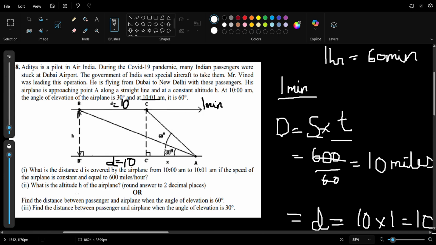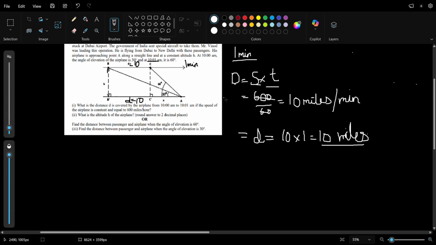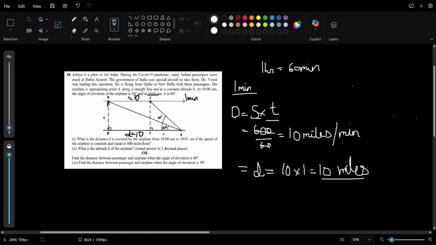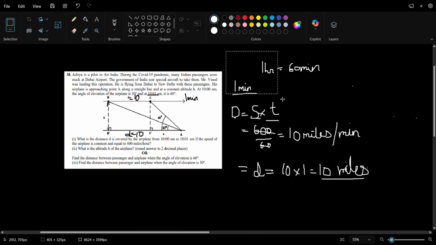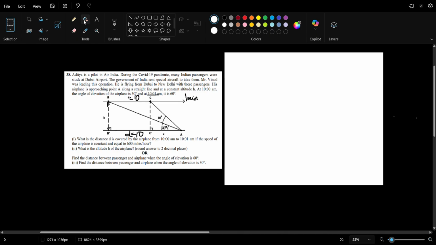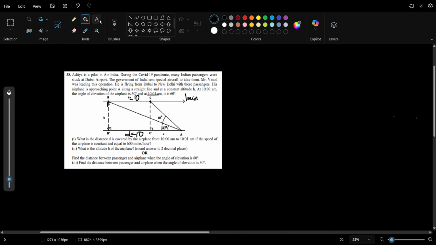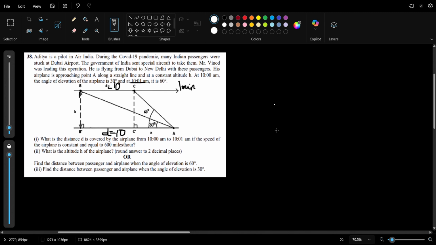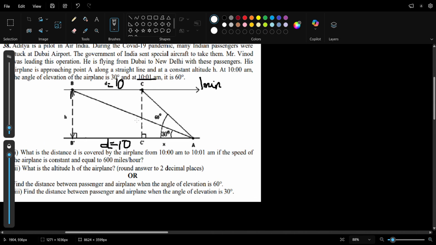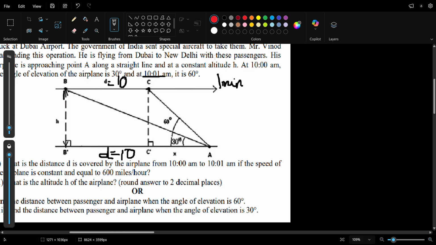Now see, what is the altitude of the airplane? h. So how do you find h? It's pretty simple. Let me just clear this up. To find h, what we do is, you see this small triangle over here.